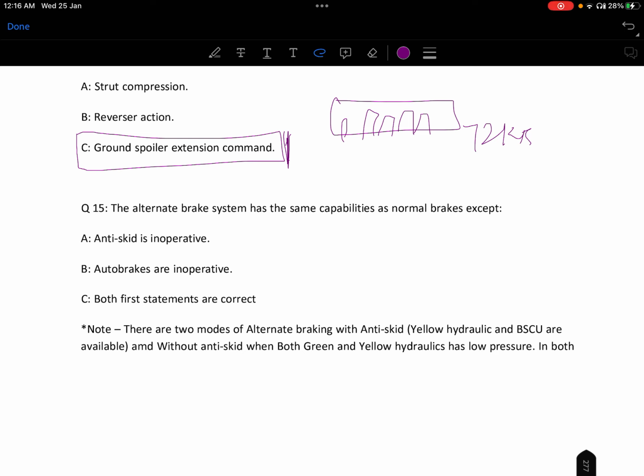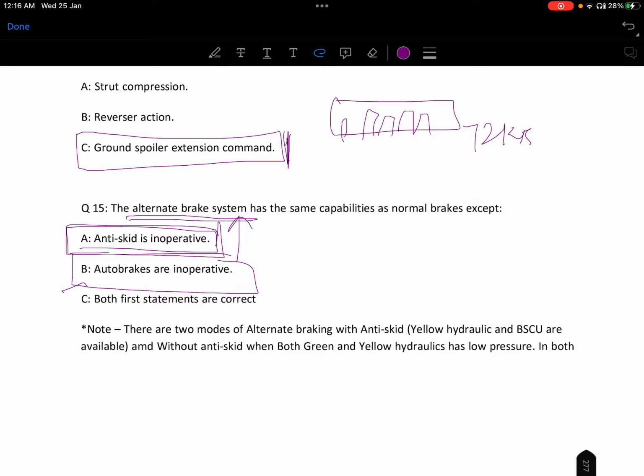In alternate braking, we do not have auto brakes, but yes, we have anti-skid, but anti-skid is inoperative if BSU is not available. So auto brakes are inoperative. As I told you, it's alternate braking, and anti-skid will be inoperative.